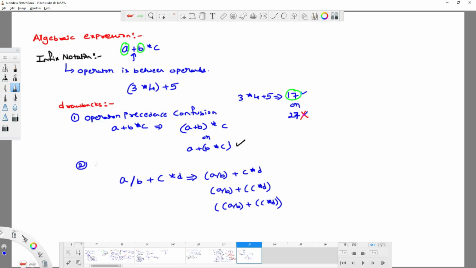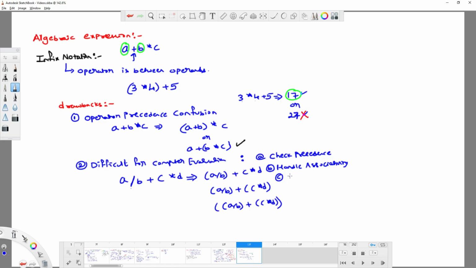The second one is that it is difficult for computer evaluation. As a human being you can directly write it, but what about the system? It is difficult for the computer, which means a compiler has to first check the precedence of operators. If more than one operator has the same precedence, then it has to handle associativity.